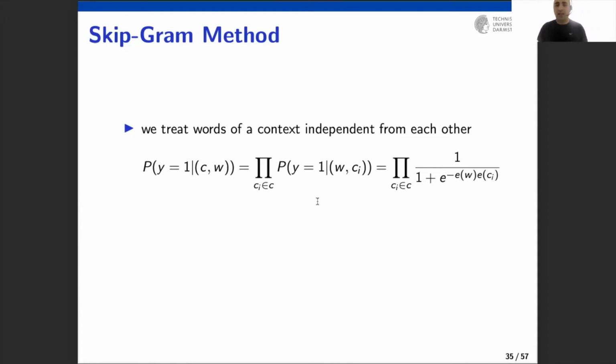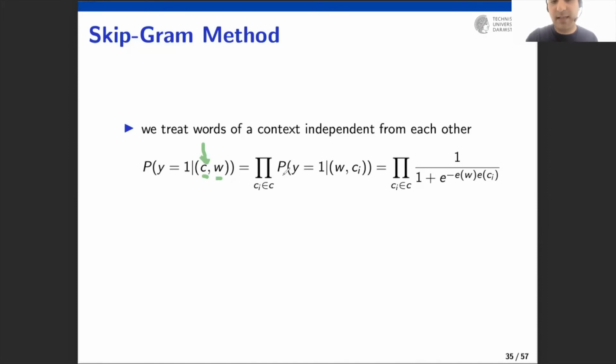And for any given context and given word, we want to know how probable it is that word W is a good fit for context C. So instead of looking at the context as a whole, we check how good word W is for any word in the context.